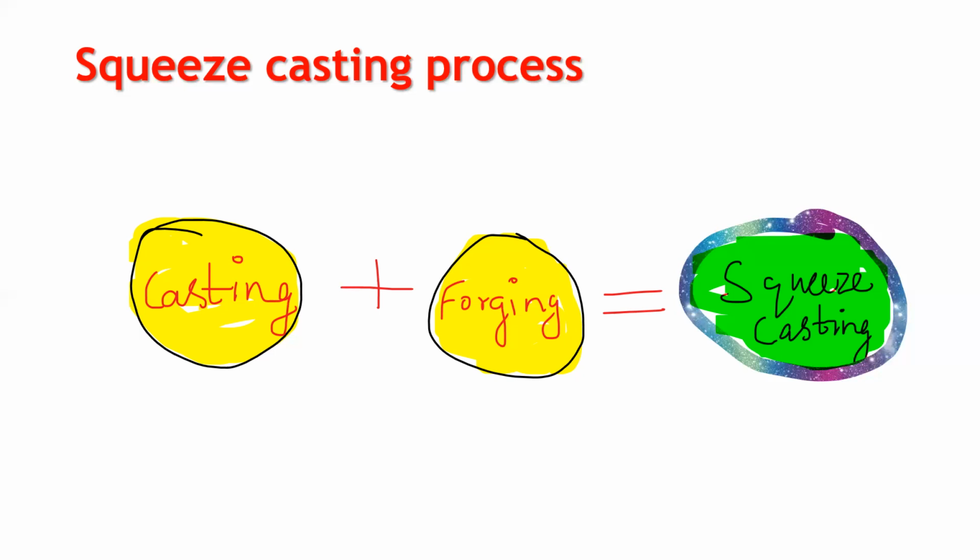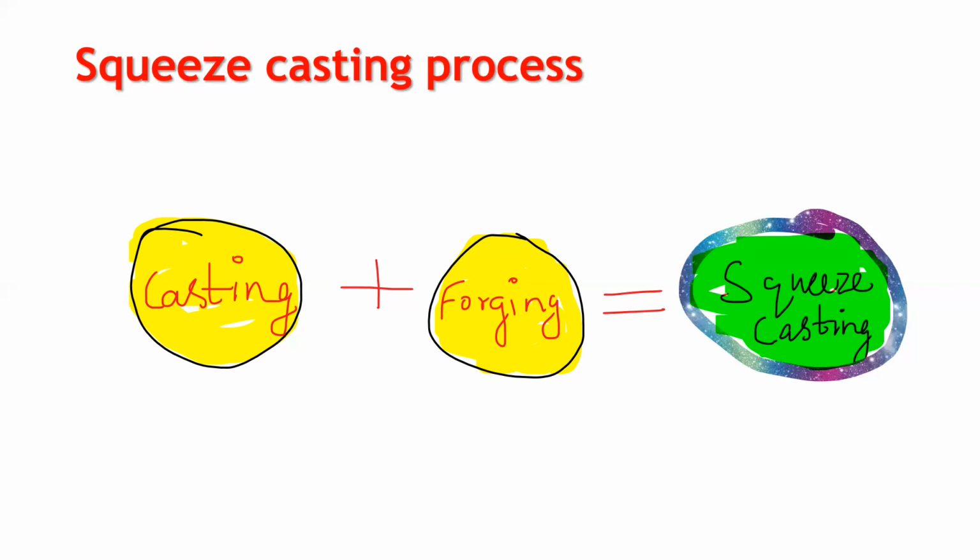Each process has its inherent merits and demerits. The casting process has many advantages, like huge components can be easily manufactured, and complex shapes can be easily cast.